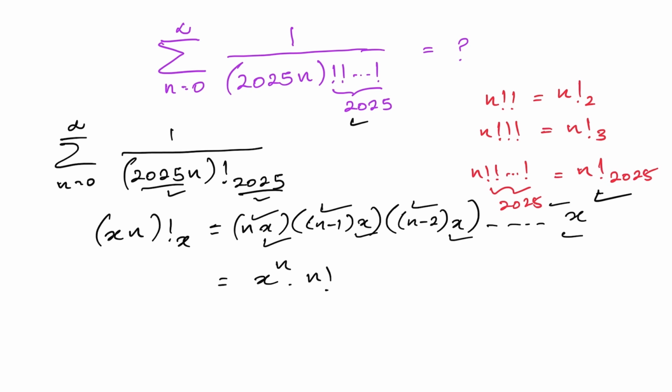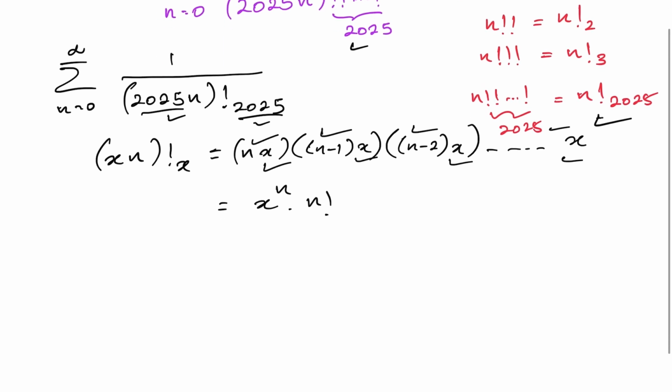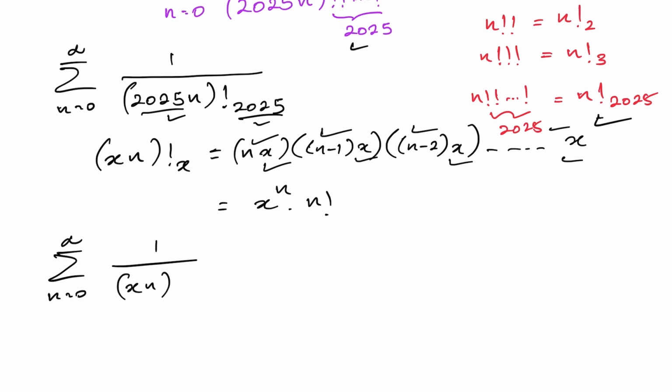Then we can write our question as the sum for n equal 0 to infinity of 1 over, let's take the general term, x n factorial, here factorial x times.